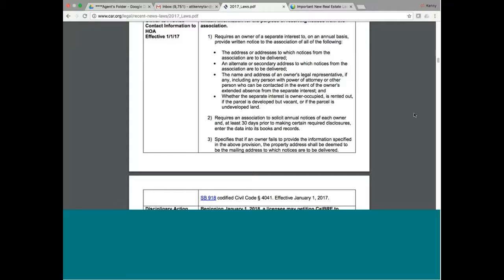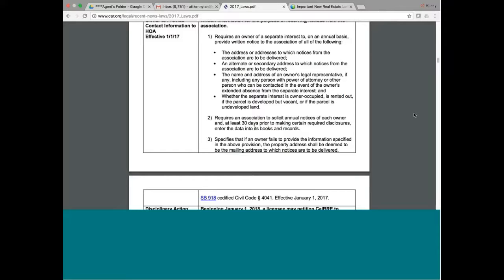Number 3, the new law specifies that if an owner fails to provide the information specified in the above provision, the property address shall be deemed to be the mailing address to which notices are to be delivered.